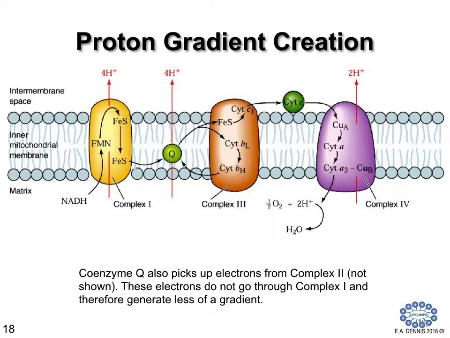Now, with all of these definitions in place, we can focus on the functioning of the proton gradient. Shown here are three of the key complexes, complex 1, 3, and 4. They're positioned in the inner mitochondrial membrane in an oriented fashion.